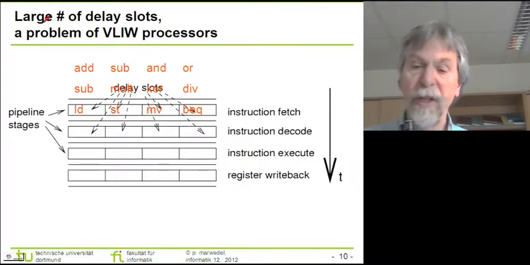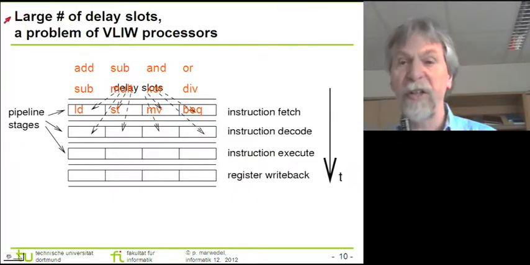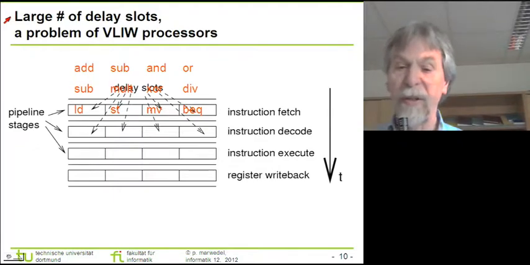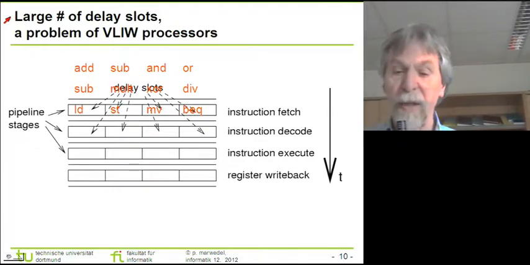Now, for the VLIW and EPIC architectures, there is one problem that still needs to be addressed. This is the fact that with every clock cycle we are inserting into the pipeline, which also exists for these architectures, quite a number of instructions.